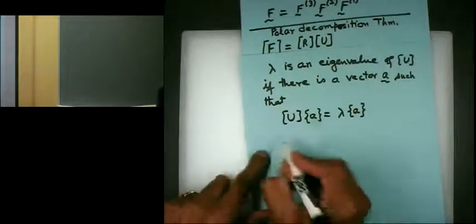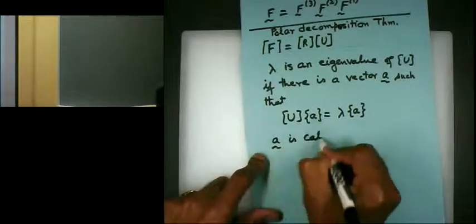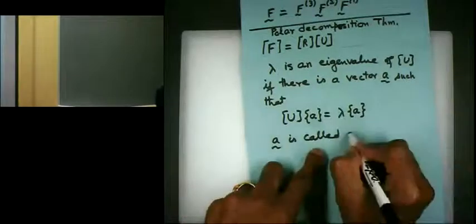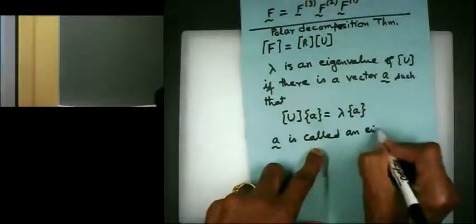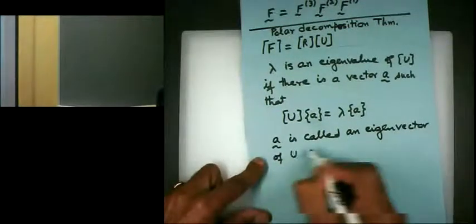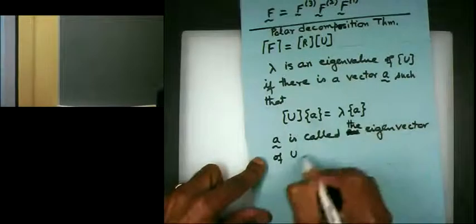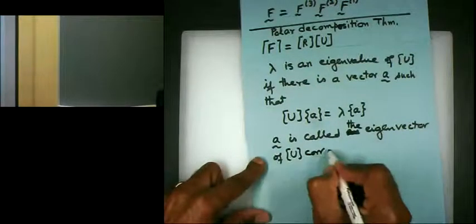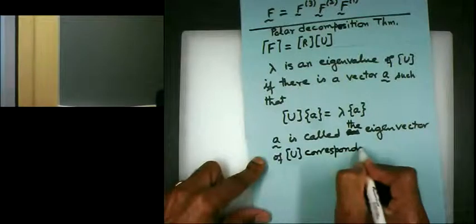Please review it. I think an eigenvalue and eigenvector are defined there. So lambda is an eigenvalue of U if there is a vector A such that UA equals lambda A, and A is called the eigenvector corresponding to the eigenvalue lambda.